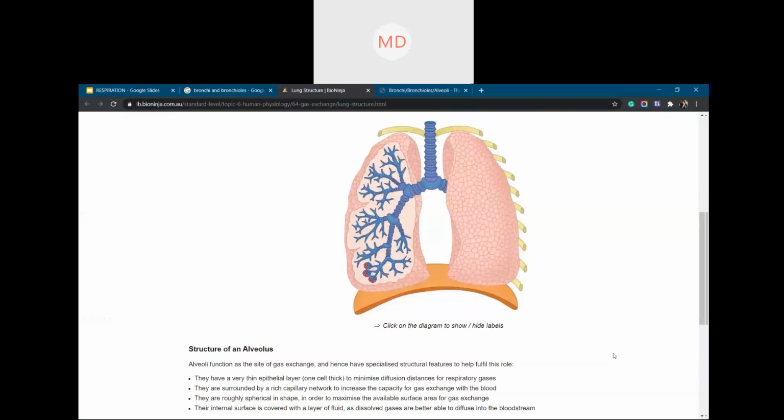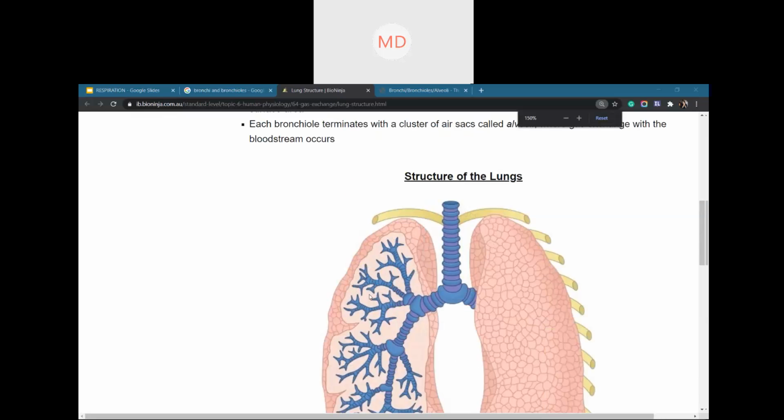This portion is the bronchi, and these are the bronchioles. It is like a tree trunk, and these are the branches. And the leaves, these are the alveoli. There are many of them.